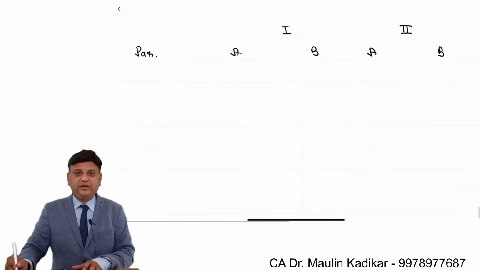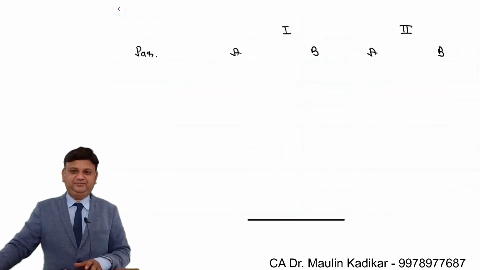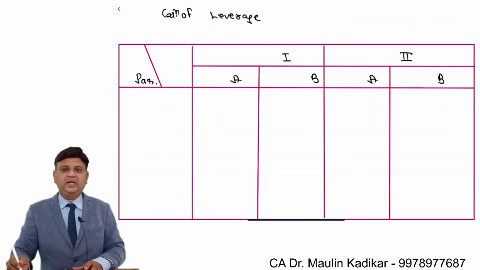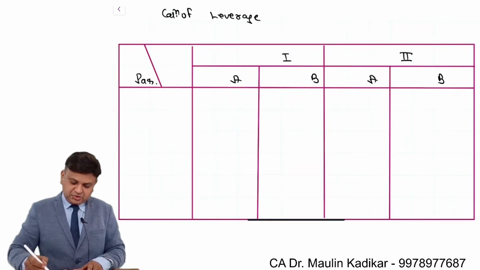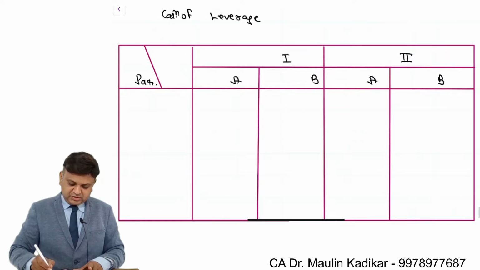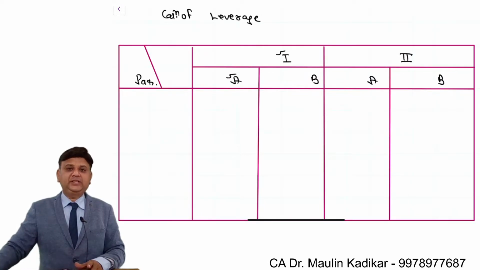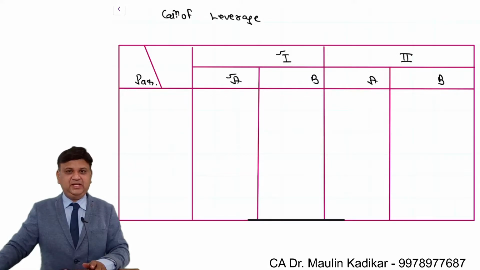This is the way we are required to prepare the table. I want you to calculate the answer for situation number 1, plan A, and put your answer in the chat box: all the 3 leverages, DOL, DFL and DCL.